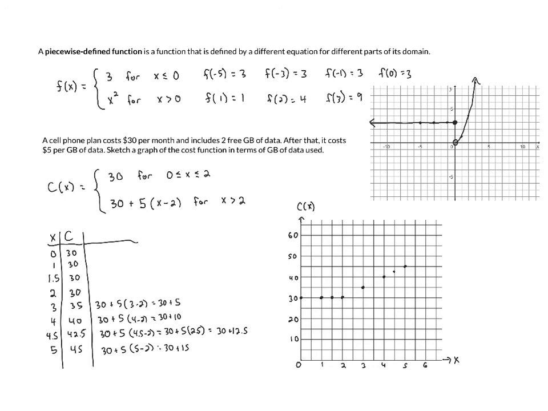And then 5, 45. So we can see here that we've got a line segment, a constant function, until we get to 2. And then once we get to 2, we start paying for more data. And so we're moving up in a diagonal line. And so this is the graph of our function c of x.